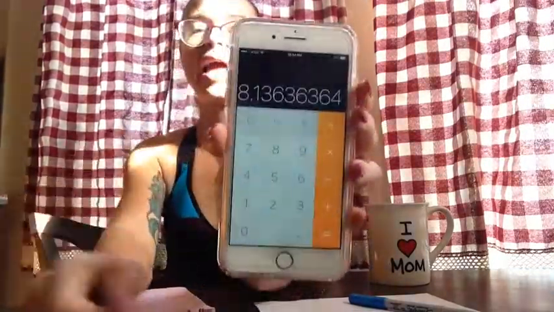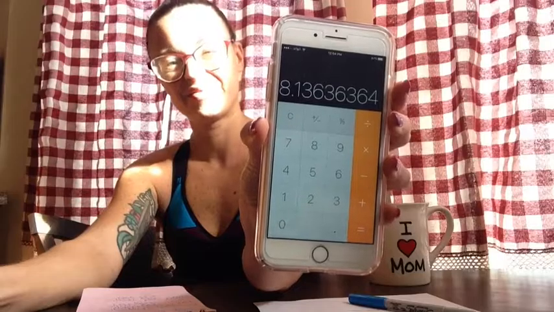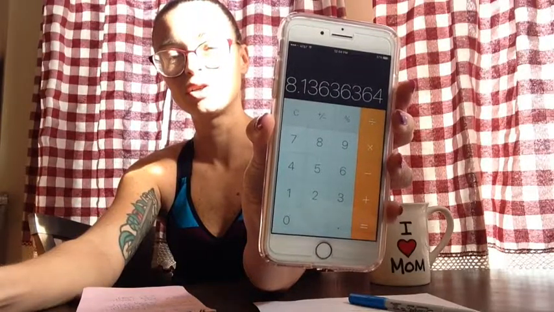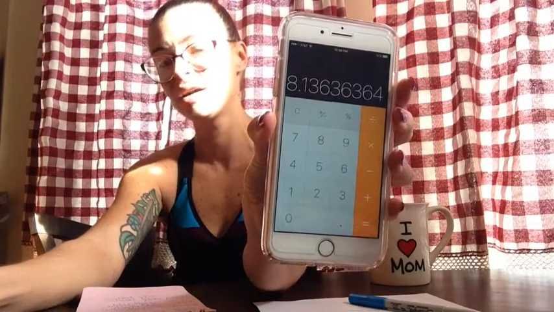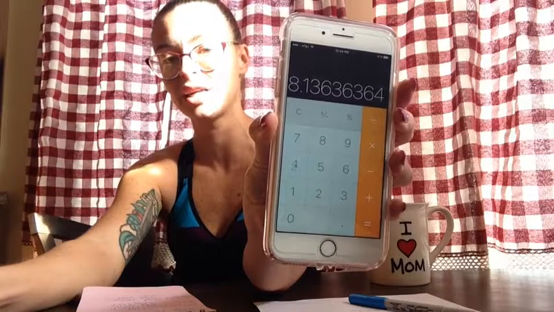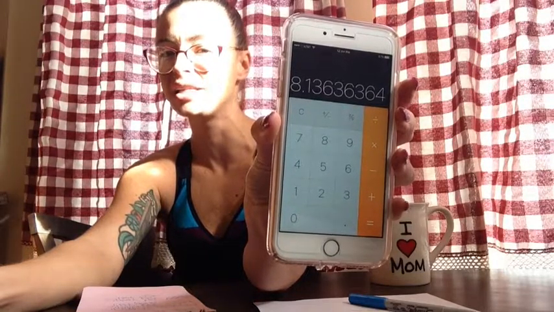So 179 divided by 22 grams of protein equals 8 servings. 8 4-ounce servings I need of boneless, skinless chicken thighs every day to meet my protein goal.